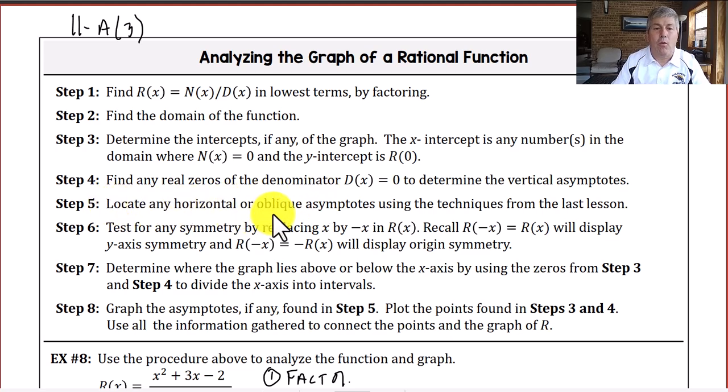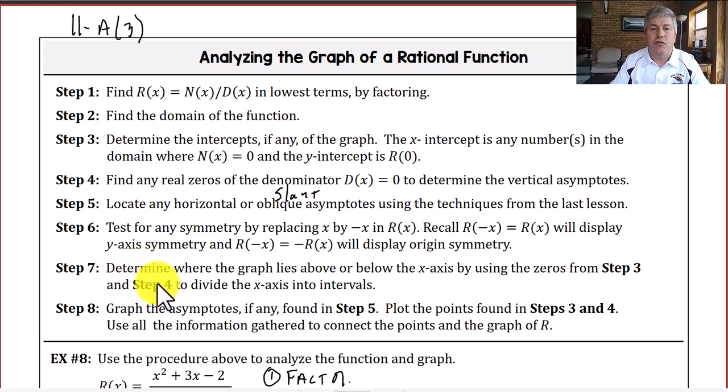I look for a horizontal or oblique, or we've been calling them slant asymptotes, using the techniques we've had before. You can test for symmetry. We've got our test for symmetry that we've done earlier this semester. Sometimes you can just look at your graph and see the symmetry there.